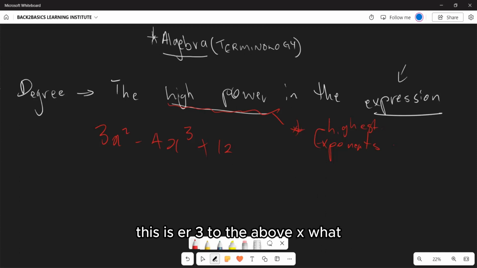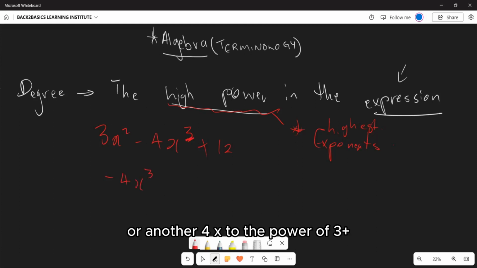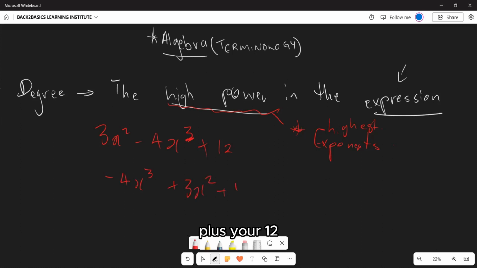This is 3x squared. This is 4 to the power of x, to the power of 3, right? So therefore we can write it as 4x to the power of 3 plus your 3x squared plus your 12.